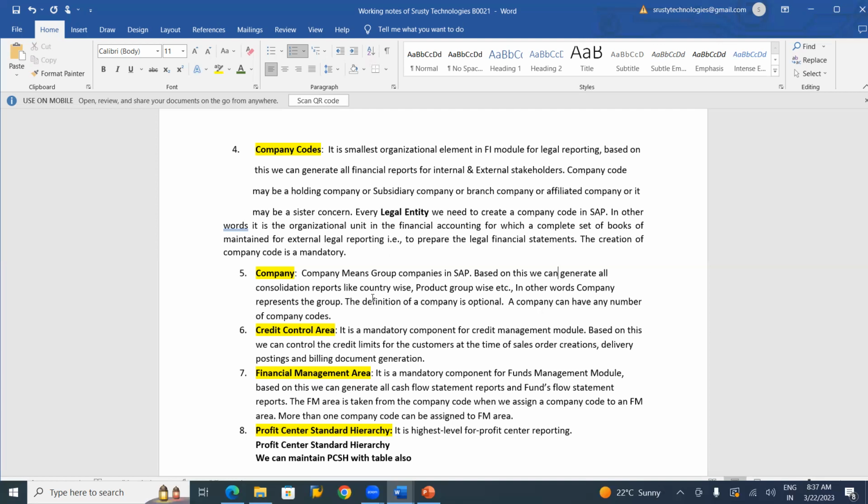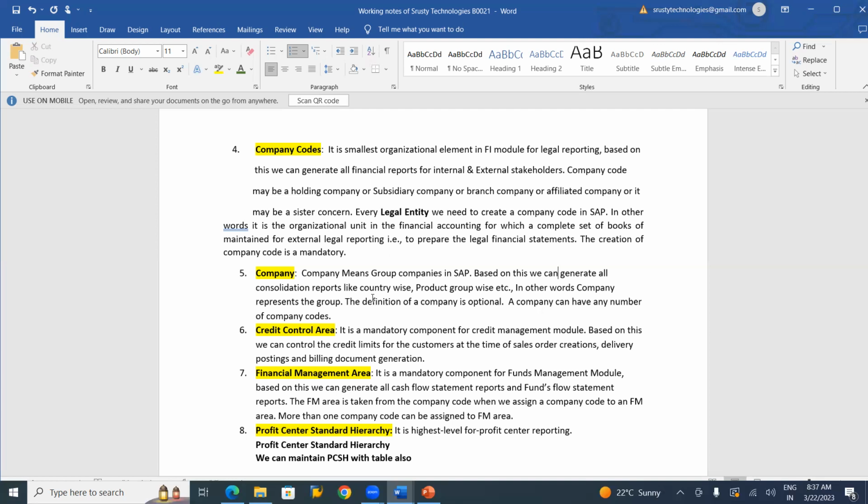Only when we have a number of company codes will we define a company. If we have only one business, then we won't define a company. Directly, we will start with company code, and all the reports will be generated under company code only. So that's the reason definition of a company is optional.